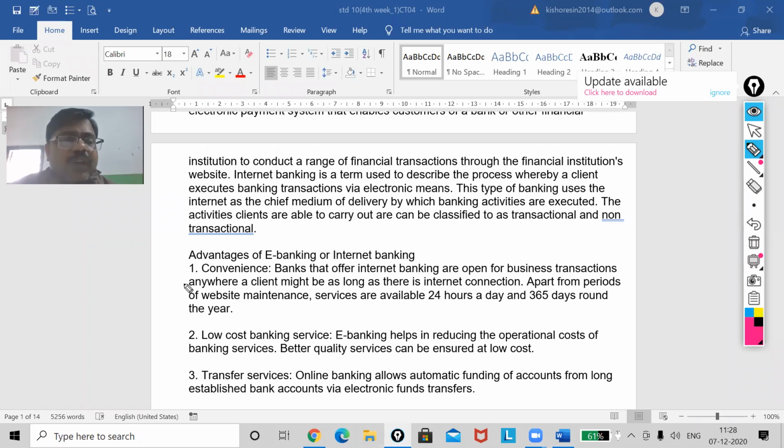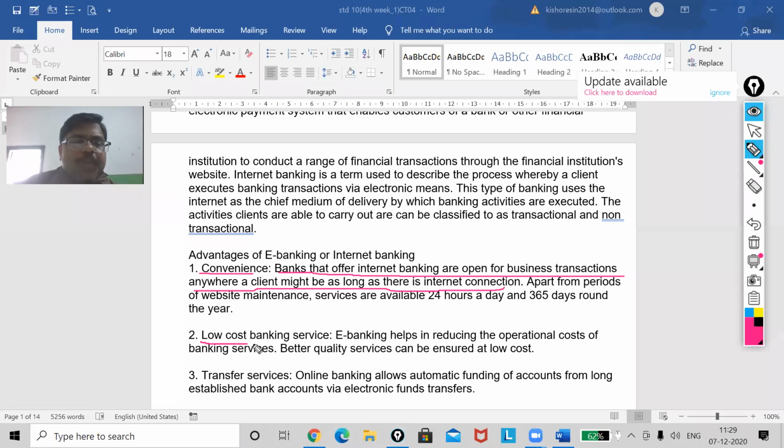Banks that offer internet banking are open for business transactions anywhere a client may be, as long as there is an internet connection. So you have the internet facility, you can avail this facility. Understood? If you do not have internet or your connection is poor, you may be disconnected from the bank server in between.